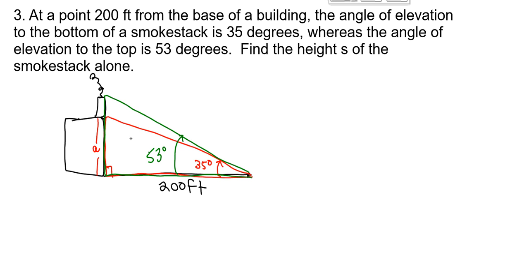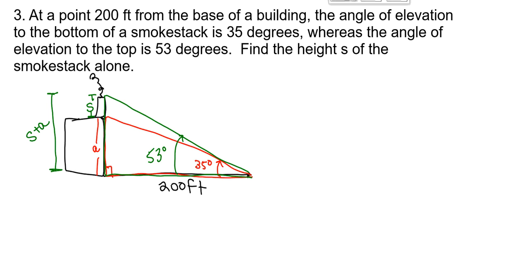And I want to find S, the height of the smokestack, S for smokestack, I guess. And then on that triangle, for the green triangle to the top of the smokestack, this will be like S plus A. And so that gives me my situation.